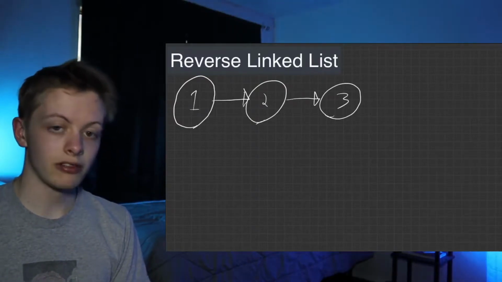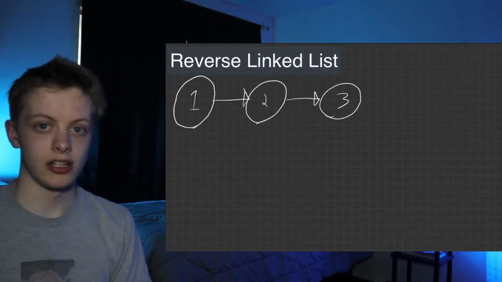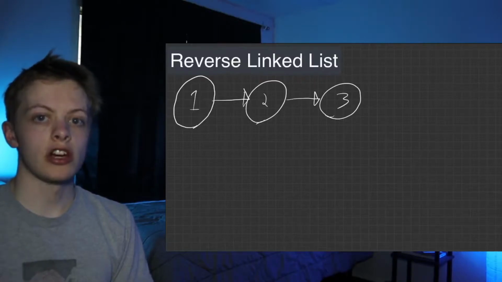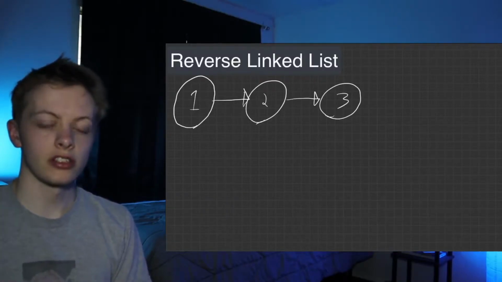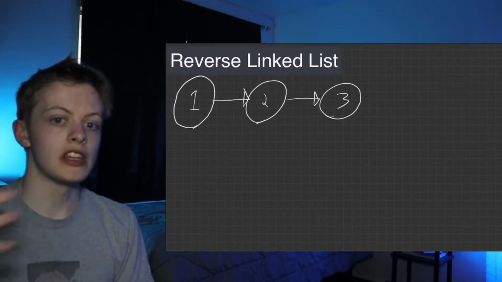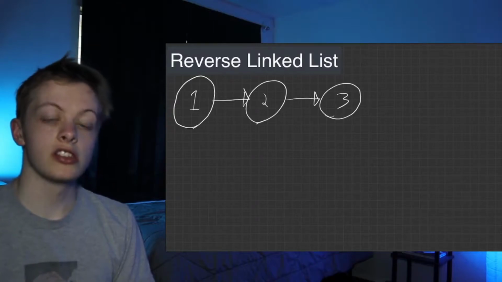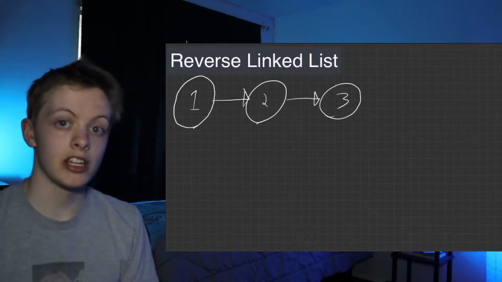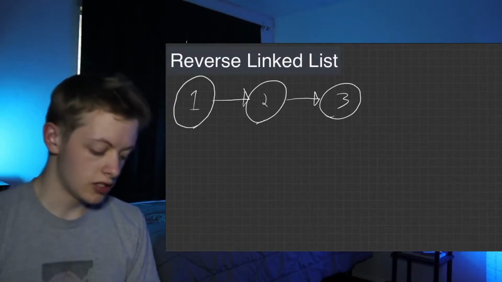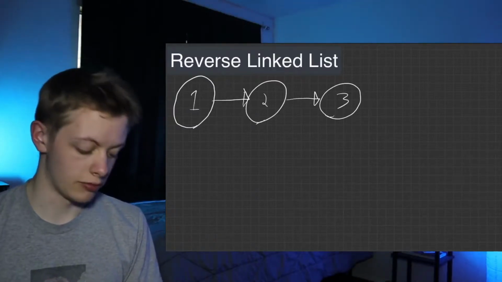Alright guys, let's get started. So we have our linked list 1, 2, 3. Let's just make sure we understand how to traverse a linked list and what it means to change the .next property of each node in the list. If we can understand this, we can see some common pitfalls beginners make when approaching this problem. So let's take a look at node 1 for example.